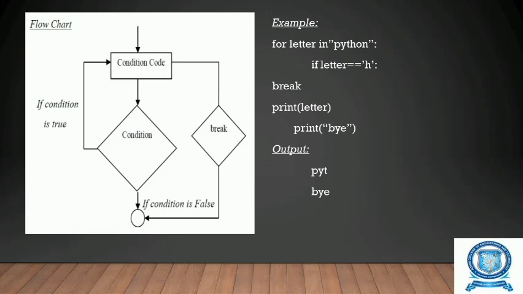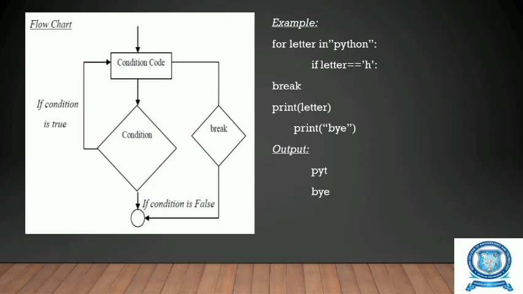First the letter p will be printed, then y, then t. When the next letter h comes, we say break. So, that loop will be broken. p, y, t will be printed, and finally by will be printed.